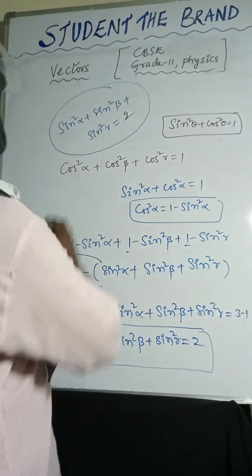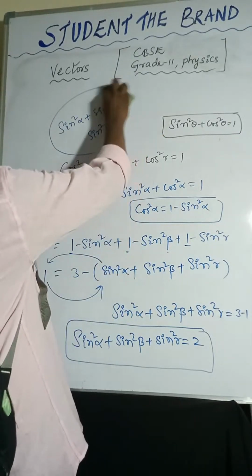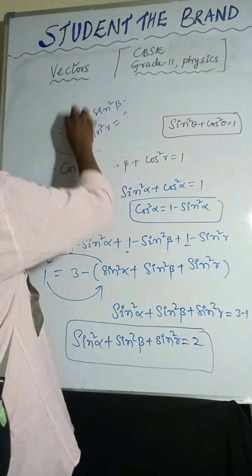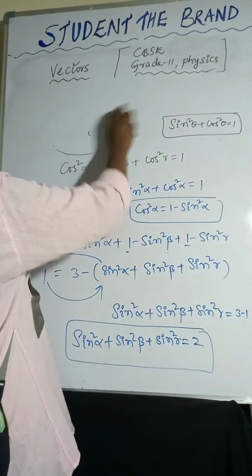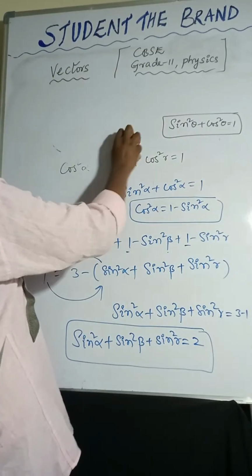So done. Next one. Product of vectors. There are two types of product of vectors. One is dot product, another one is cross product.